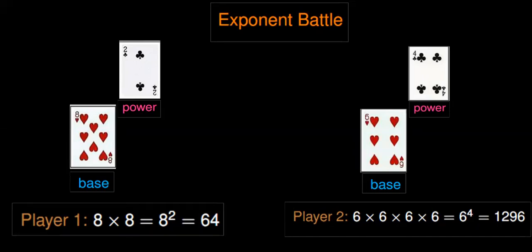That means the winner of each round will get a total of 2 cards from each player, their base and exponent cards. In case of a tie after a round, the players involved in the tie will need to do a face-off.